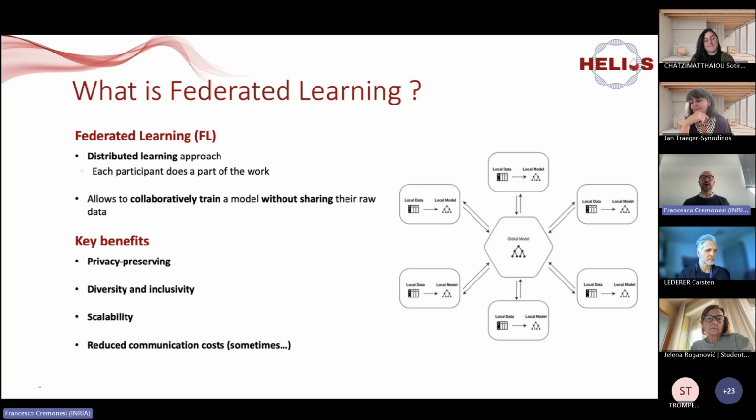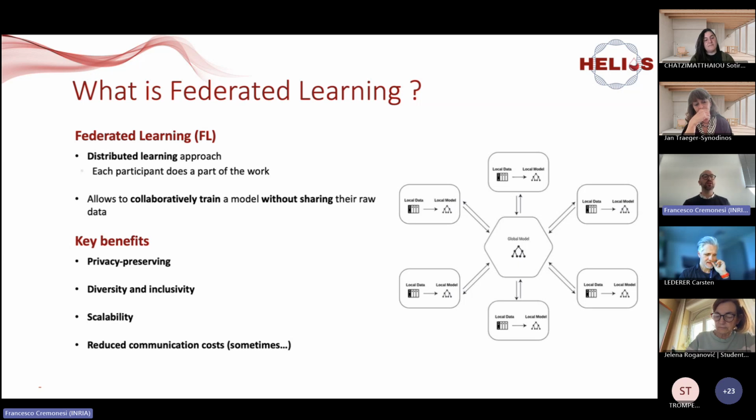For example, the fact that it's really easy to plug in new centers and to involve them in your collaboration, and to have this shared training of the model, can help in increasing the diversity and the inclusivity of your final model.